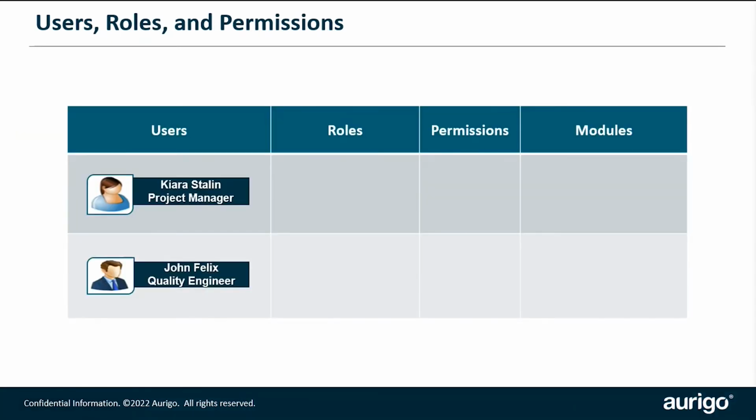For example, here we have a project manager and a quality engineer by their business title, but that does not limit them in the roles that they can have in Masterworks. The roles are not business titles, they are functional permissions.